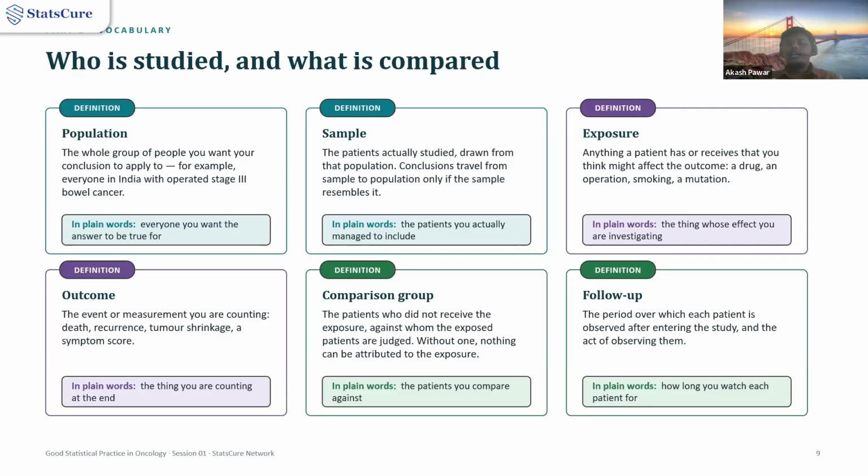It is the period over which a patient is observed after entering the study, and the act of observing them. In some trials, patients are followed for 3 years, 6 years to understand their quality of life after completing the new treatment, which plays a very important role in clinical studies as well.